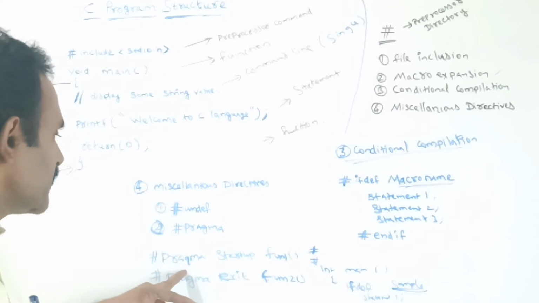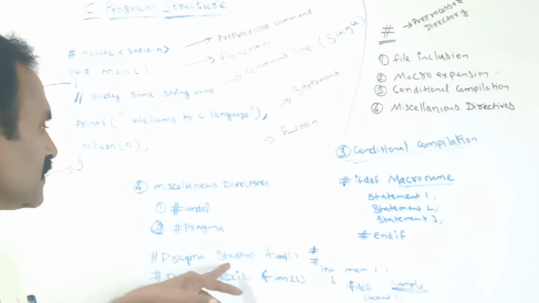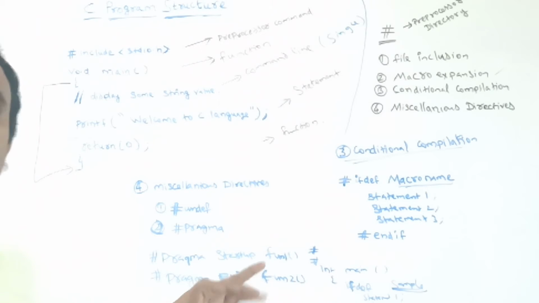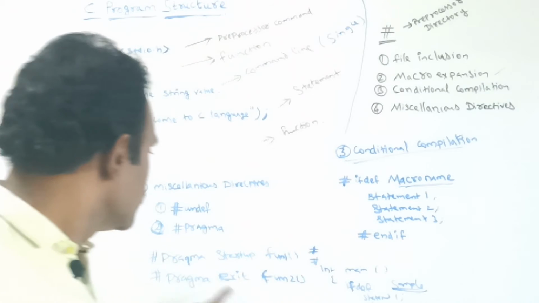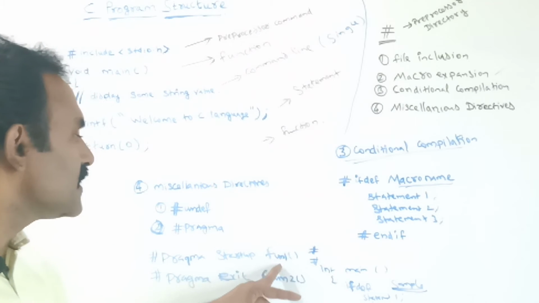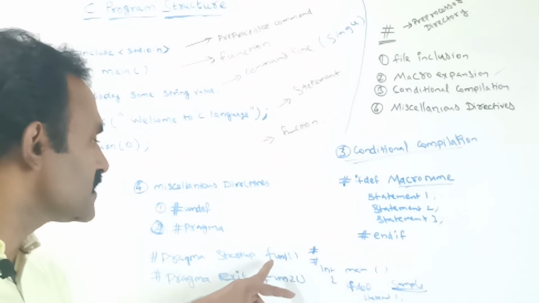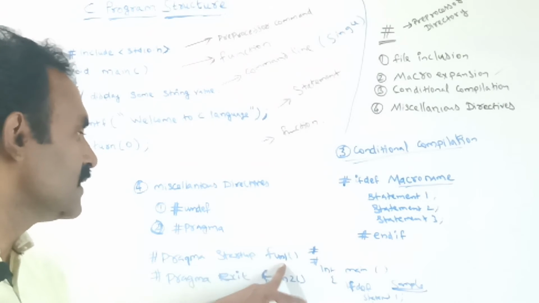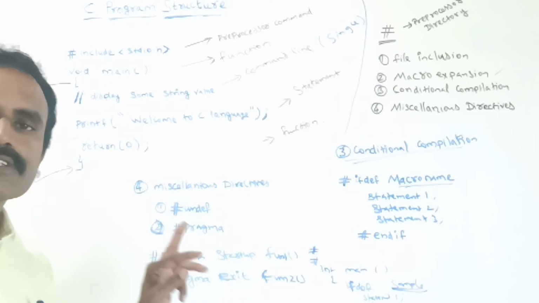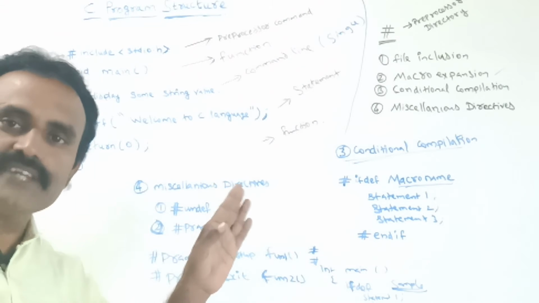But if we use the Pragma startup function, the compiler considers this function as the starting function, so the function declared in startup will be executed very first, and after that the main function will be executed.